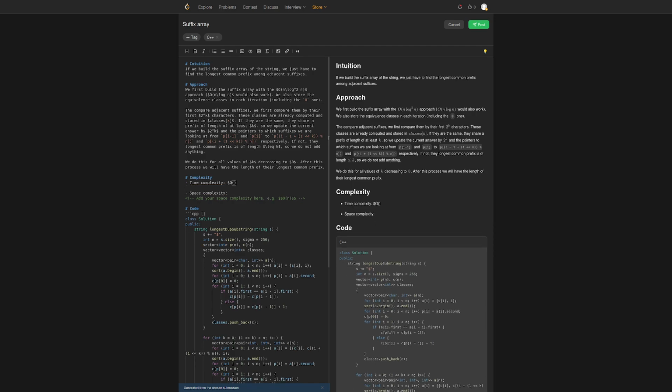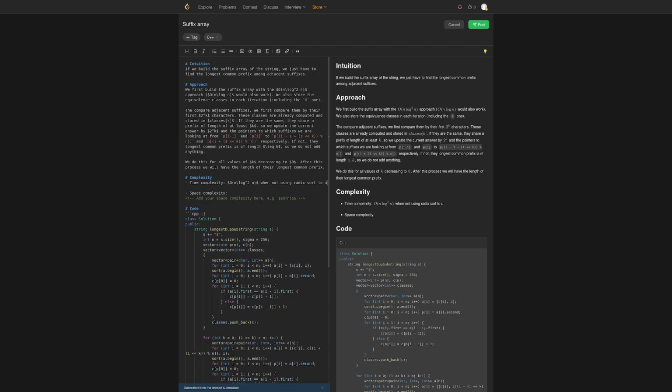Time complexity is, I don't know, n log squared n when not using radix sort.